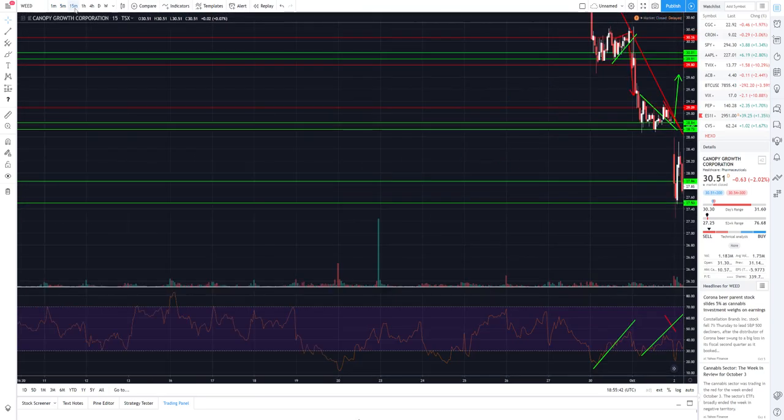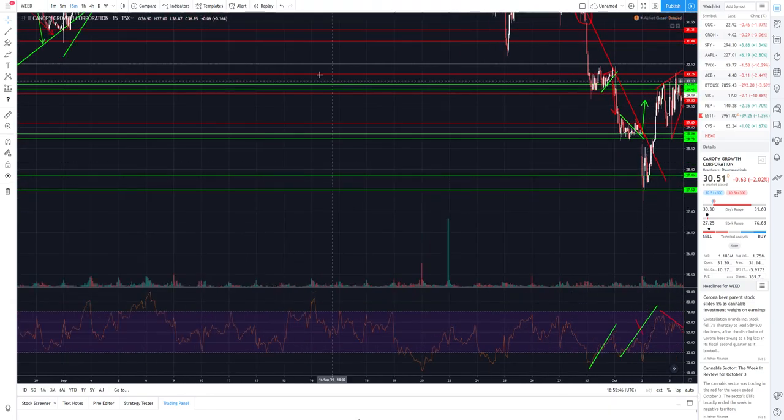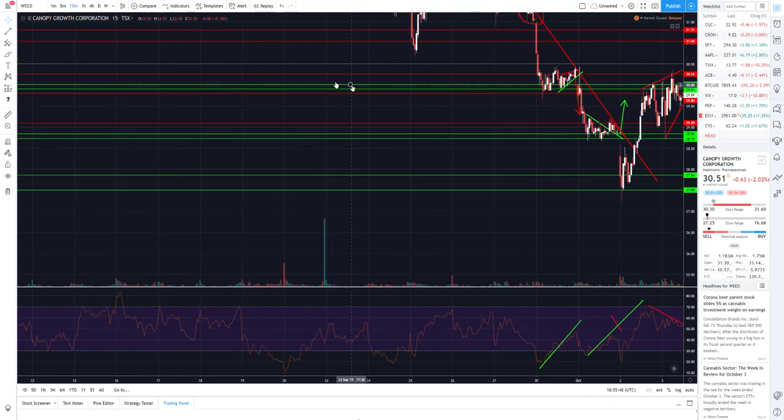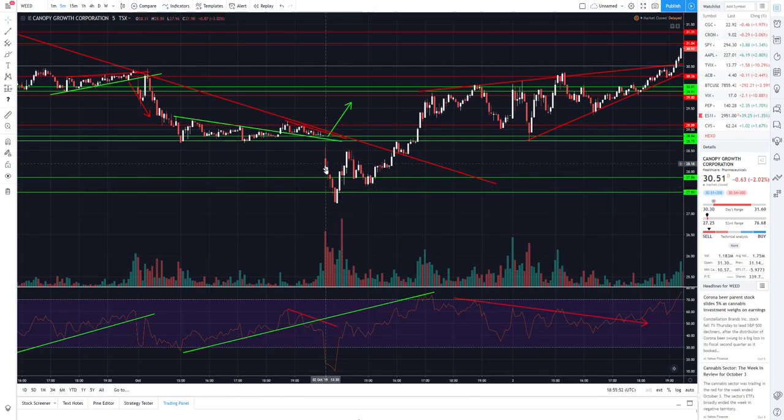Luckily, honestly, luckily, because I didn't really expect the gap to be that significant. But basically, when it dumped to that low, as you can see, it happened really quickly. Bounced back up, retested the low lost, and then pushed back up. So that's where you want to cover for sure.